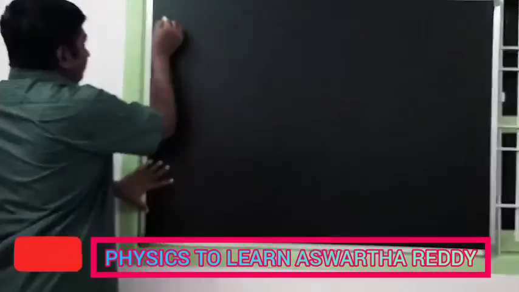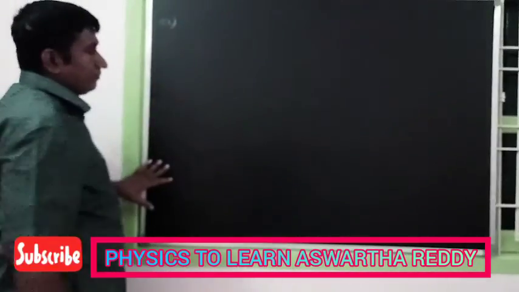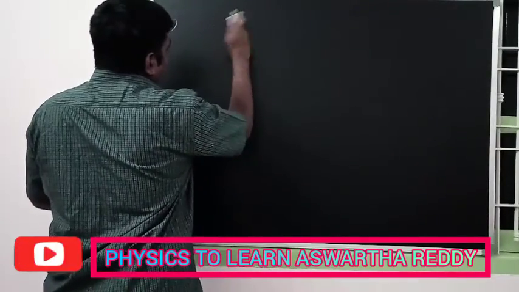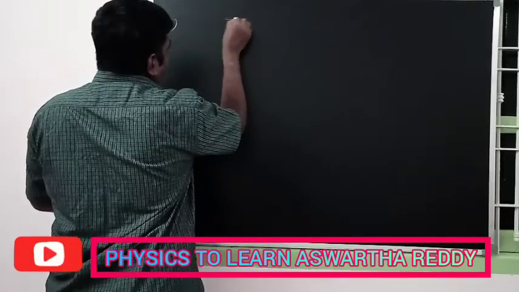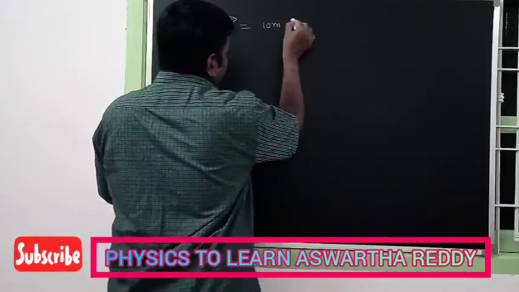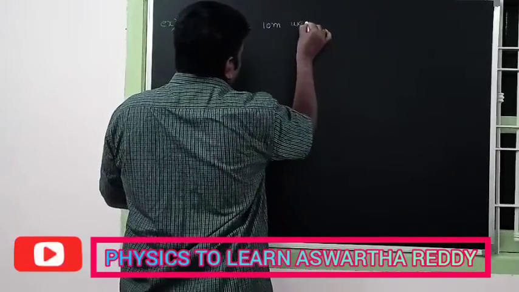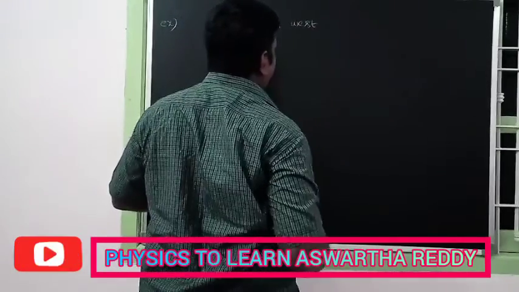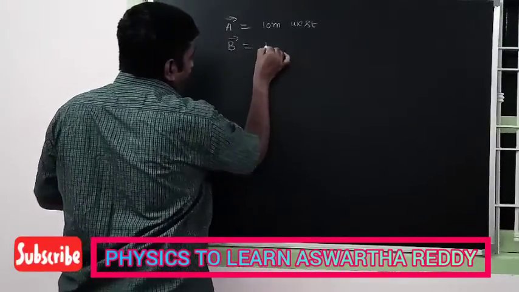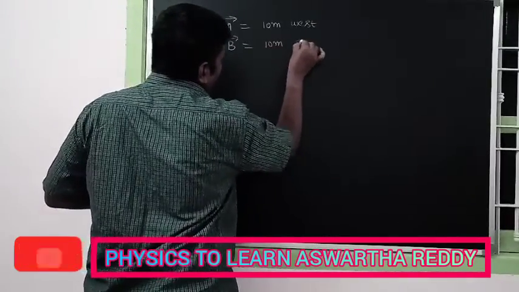A small example I am taking. A vector is equal to 10 meters west. In the same way, B vector I have taken as 10 meters south.